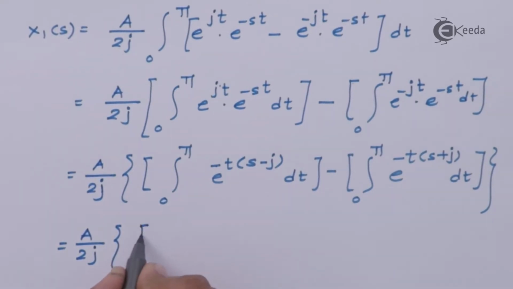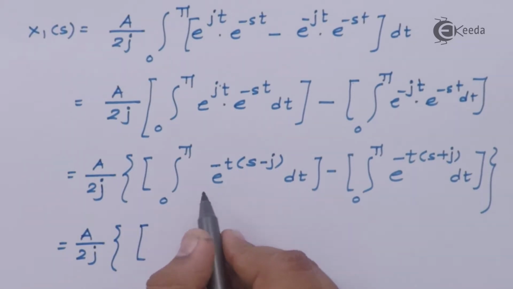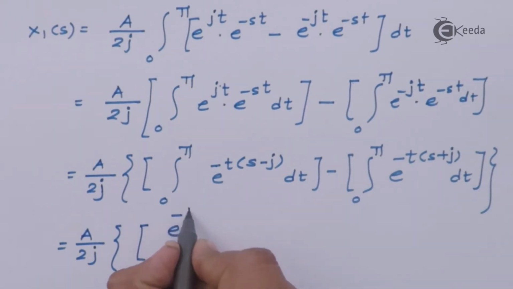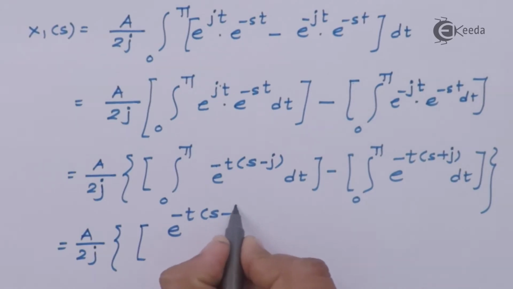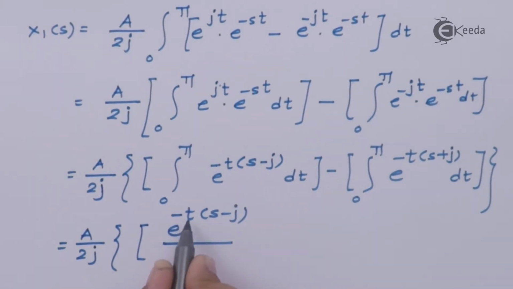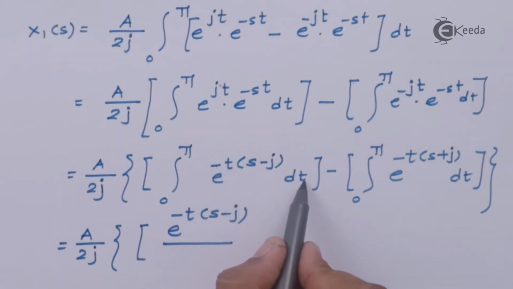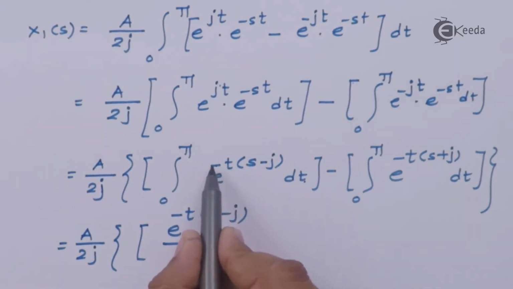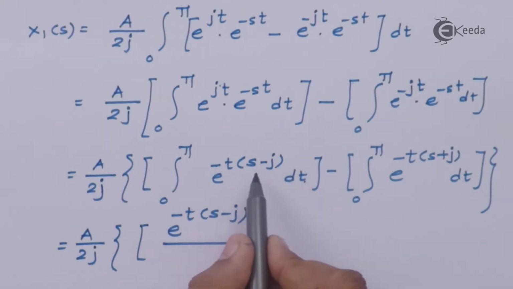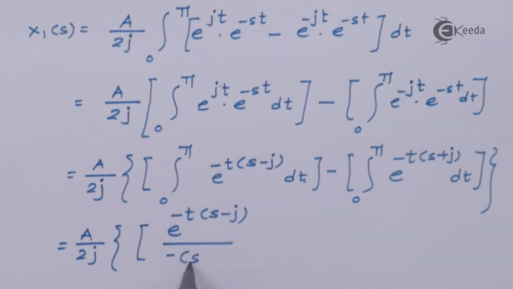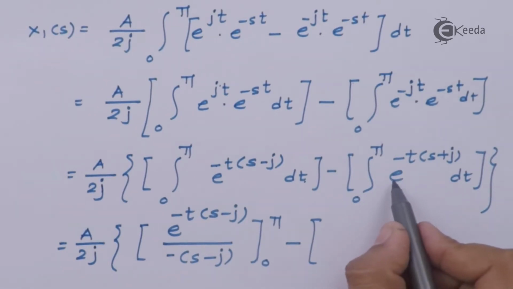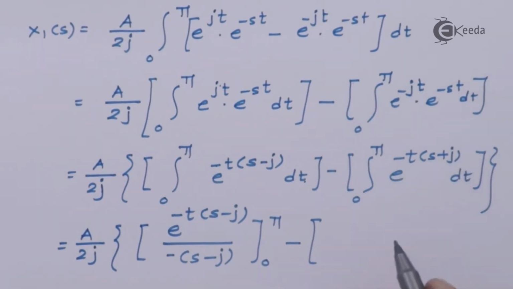So the integration is similar, exponential e to the power minus t into s minus j, but as I told you the constant part, which one is the constant part? Here the integration depends on time t, so t is the variable, whereas minus of s minus j is the constant part, so that will be in the denominator. Our integration limit is 0 to pi, and again here also after taking integration minus of s plus j will be in the denominator.